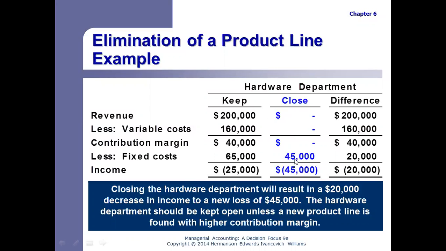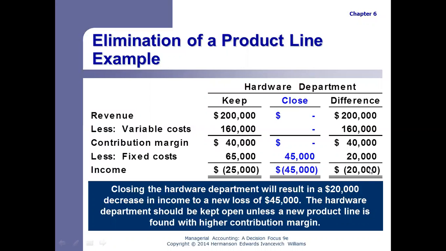So if we had that $45,000 still there and we closed the hardware department, we'd actually lose that $45,000 because we still have that cost and we would have no revenues to offset it. Looking at the differences between keeping and closing, by closing the department we would lose an additional $20,000.